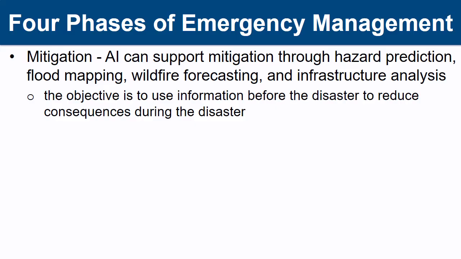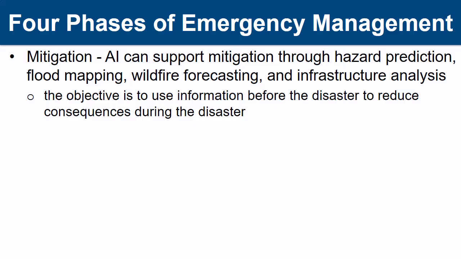Flood risk models can combine rainfall information, elevation, drainage systems, development patterns, and historical flooding. Wildfire models can examine vegetation, drought conditions, wind, temperature, terrain, and previous fire behavior.